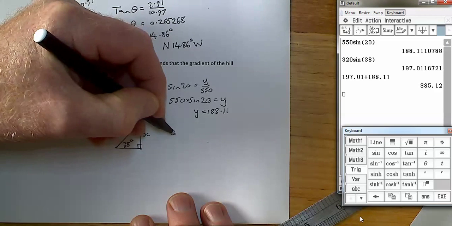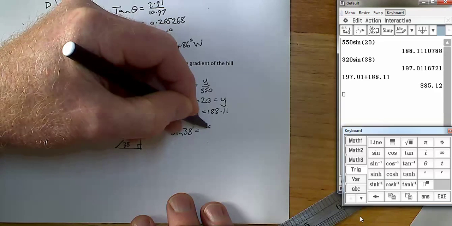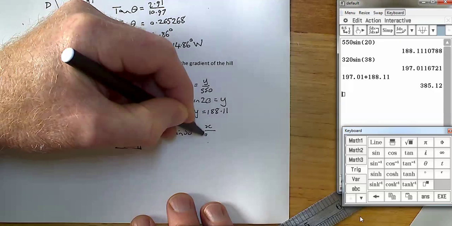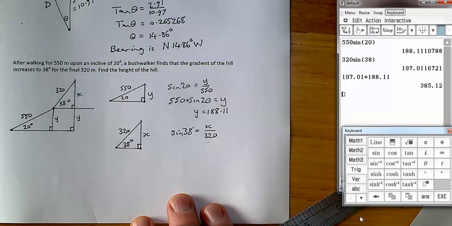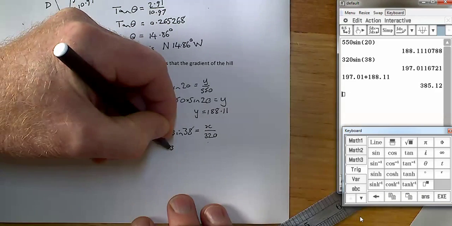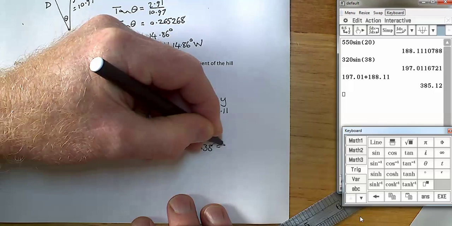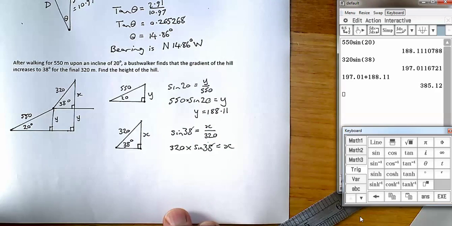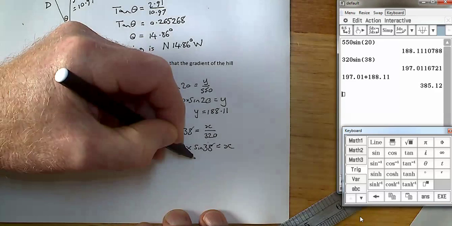It's another sine question. Sine 38 equals opposite x over hypotenuse 320. Multiply both sides by 320. And on the calculator, you can do this. x equals 197.01.